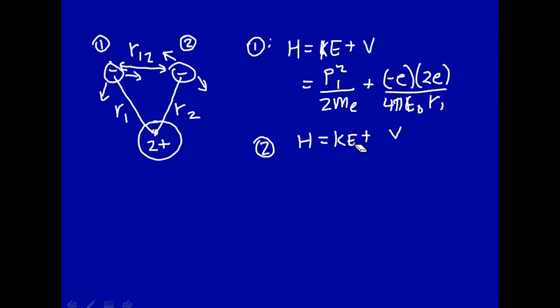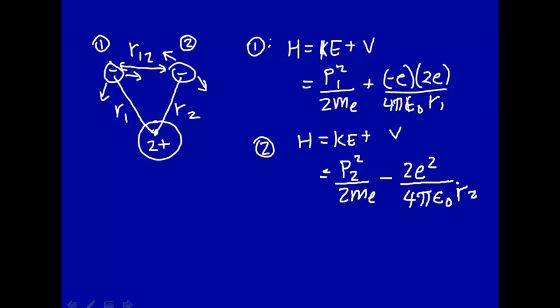Okay, and the kinetic energy is the momentum of the second electron squared divided by 2 times the mass of that electron. Minus, I'll just rewrite this, 2e squared over 4 pi epsilon naught R2.